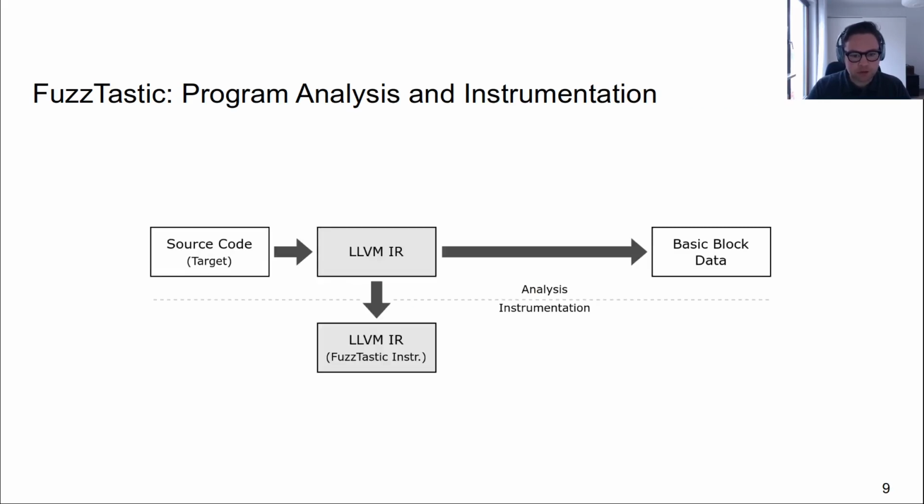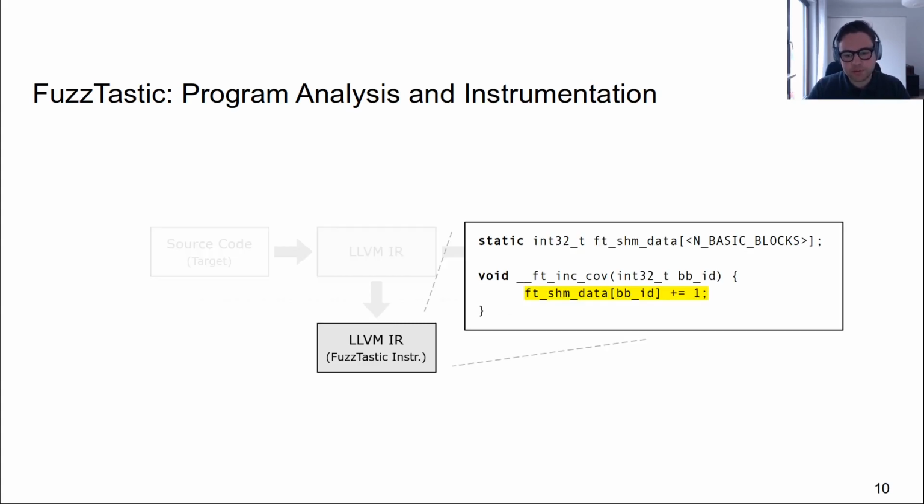For the instrumentation part, we also use this intermediate representation to perform FuzzTastic's custom instrumentation. The instrumentation is fairly simple. For each basic block, we add a function call to the function that can be seen in that listing here, which just increments a counter in an array using the basic block ID that is passed to that function.